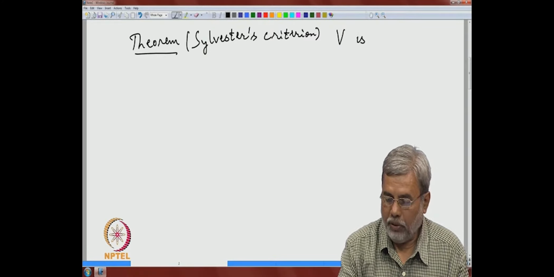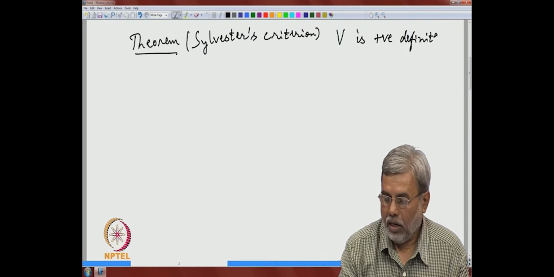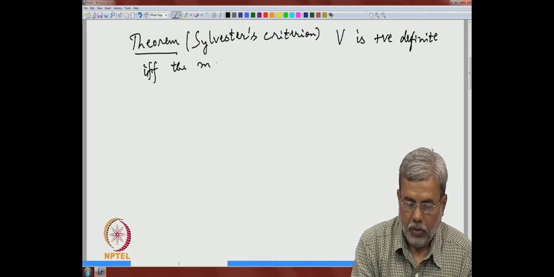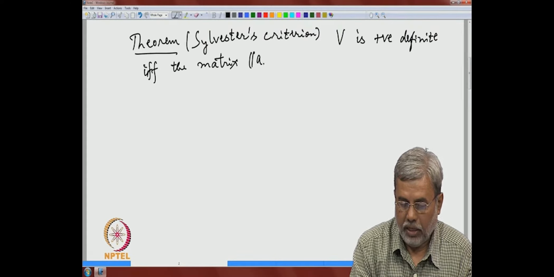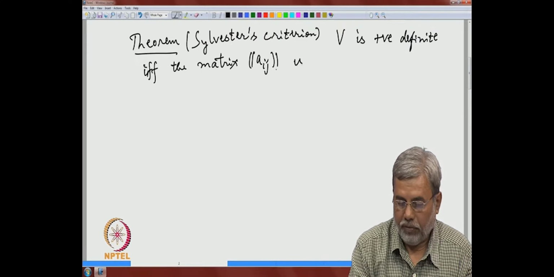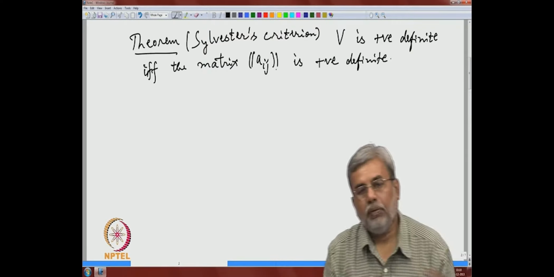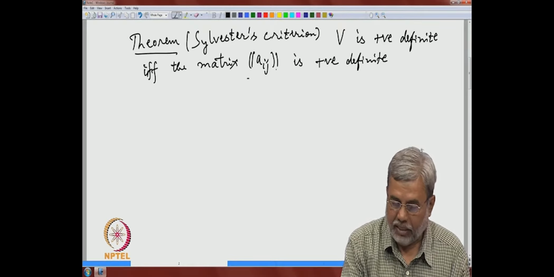V is positive definite if and only if the matrix, which is already real and symmetric, is positive definite. And actually the Sylvester criterion describes when this matrix is positive definite.